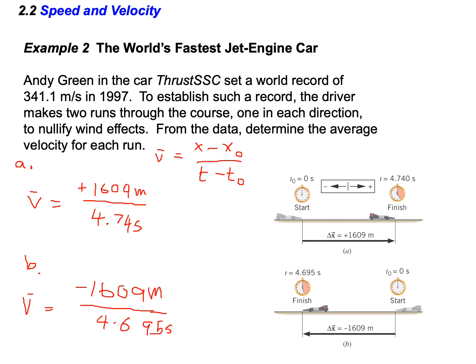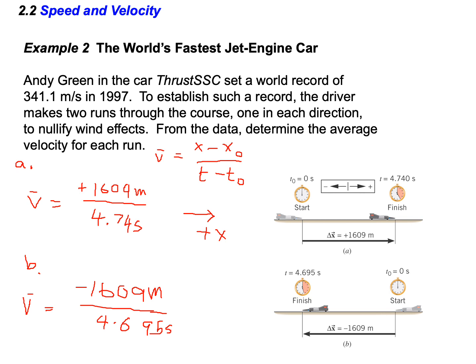So if you calculate the average velocity for case A, you write delta x, final position minus initial position, which is plus 1609, divided by the time interval, and you end up getting a positive velocity, which means you are traveling along the positive x direction.